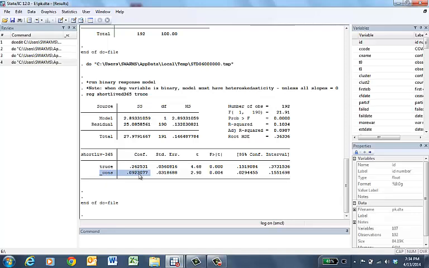And then the effect of truce is about 0.263 plus 0.092, the coefficient on truce and the coefficient for the intercept. Added together, these are about 0.355, and that is the probability of conflict recurrence in one calendar year, given that there's a truce.